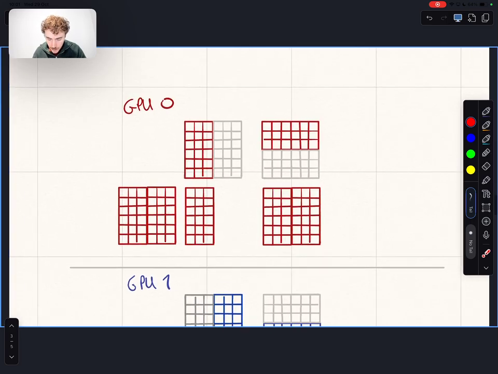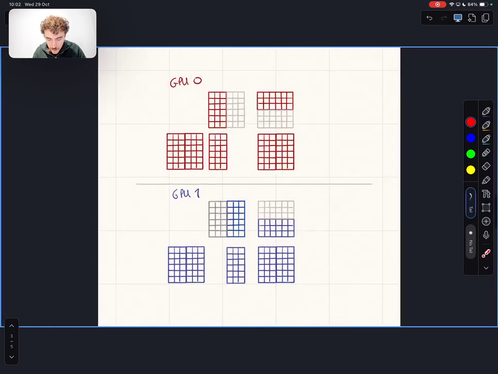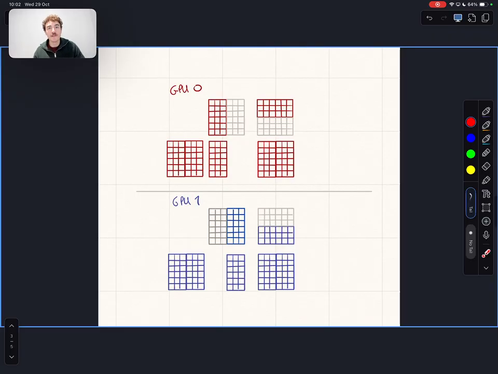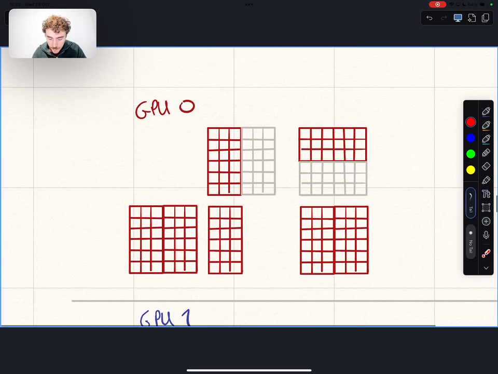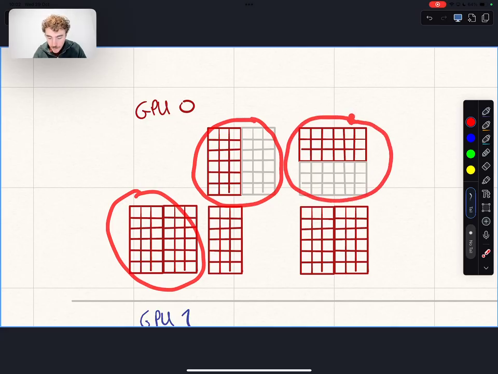So here is a slightly more realistic picture of how you would do matrix multiplications in a transformer. Zooming in on one GPU, what you have is your input activations, and then you have 2 matrix multiplications, one after another. And on the temporary activation that you create here, you apply some sort of nonlinearity.